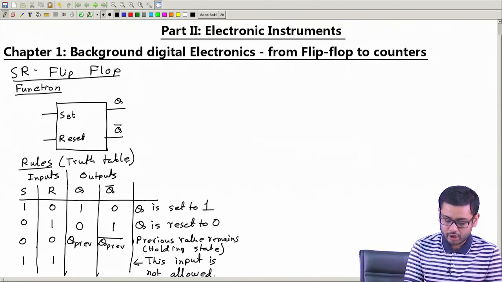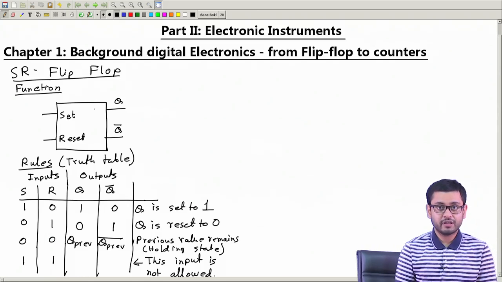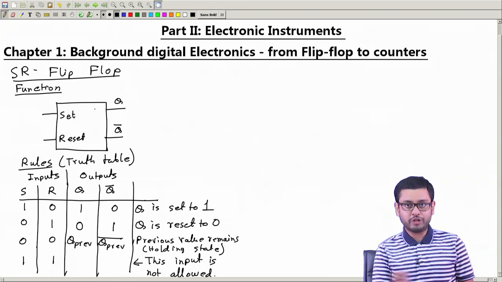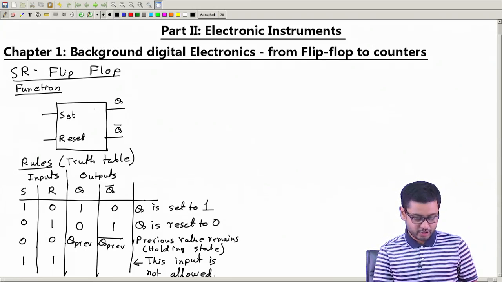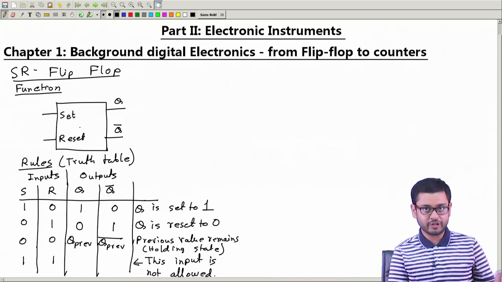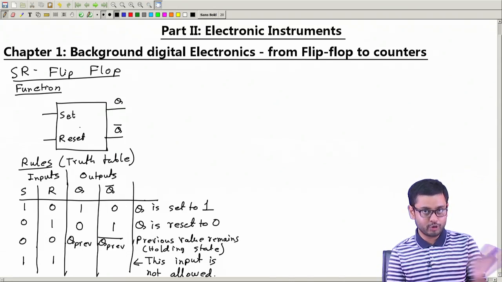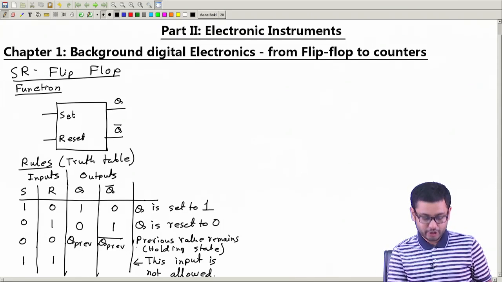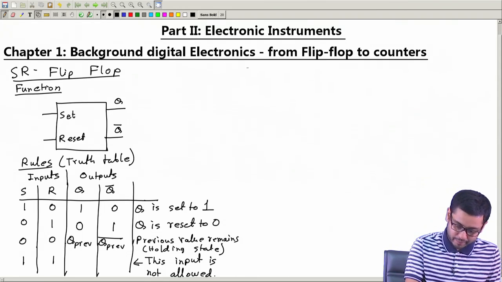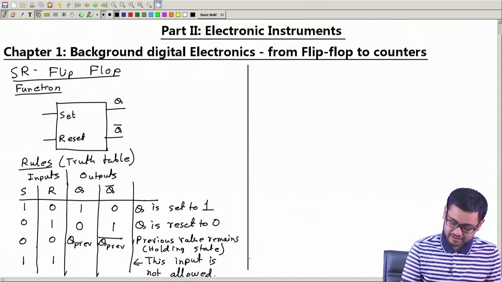This is how this flip flop behaves from the input output perspective. We haven't said yet what is there inside. That is a different question. But from the input output behavior, this is how it behaves. So you first know this, and then we can talk about what is there inside, the internal circuit.